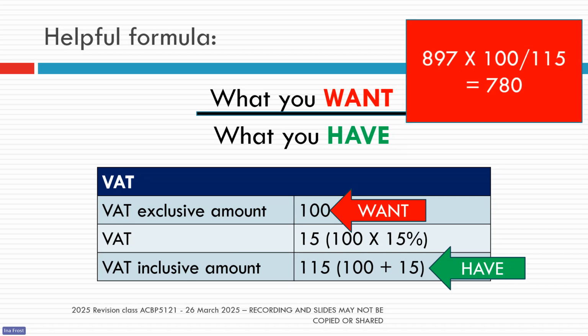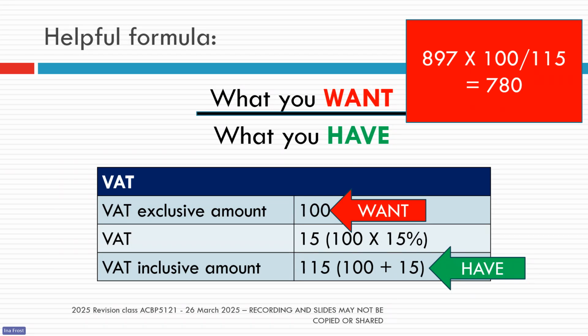So I take my VAT inclusive price, the 897, up there in the right-hand block of your screen, and multiply it with what I want, the price excluding VAT, the 100, and divide it by what I have, the price including VAT, the 115.